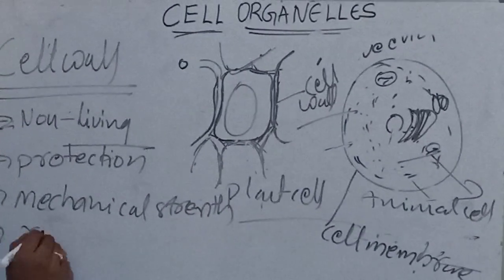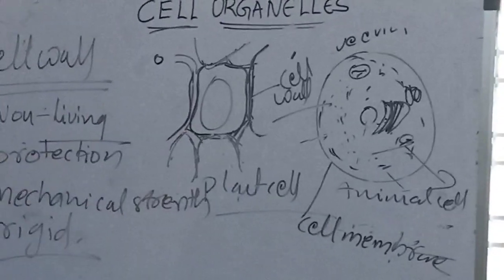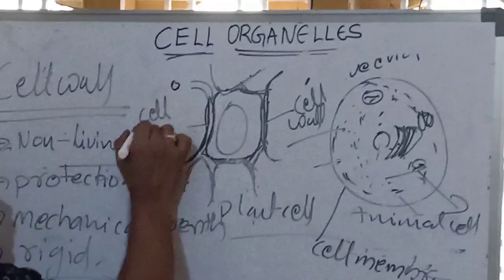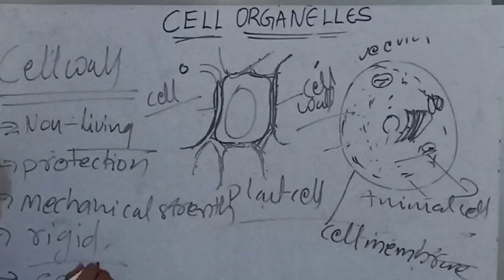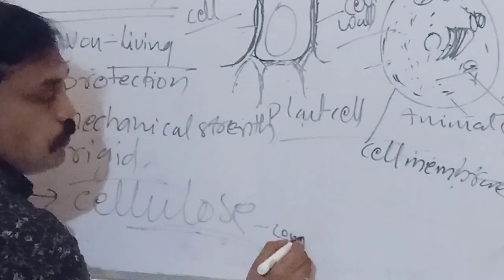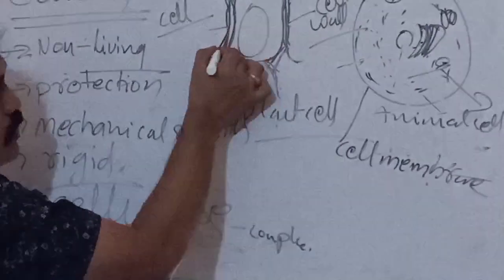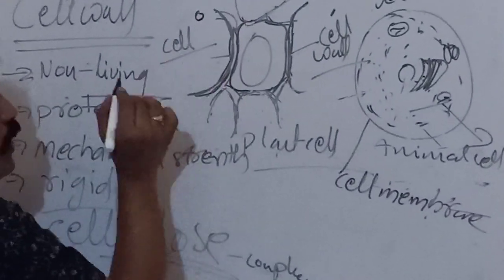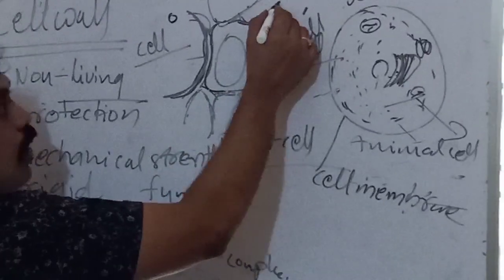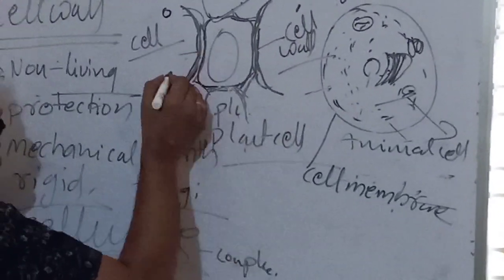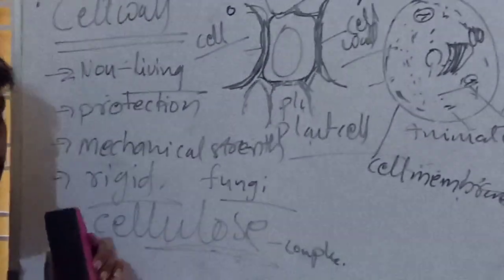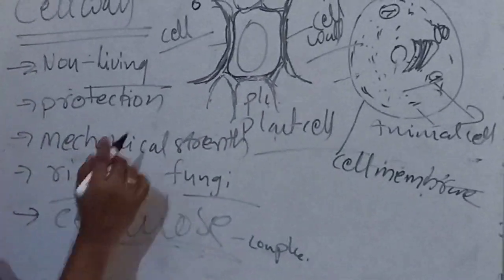It is rigid and strong. The cell wall is made up of cellulose. Cellulose is a very complex molecule. In fungi also we observe a cell wall. The cell wall is the outer covering layer of the plant cell, made up of cellulose, and it gives protection and mechanical strength to the plant cell.